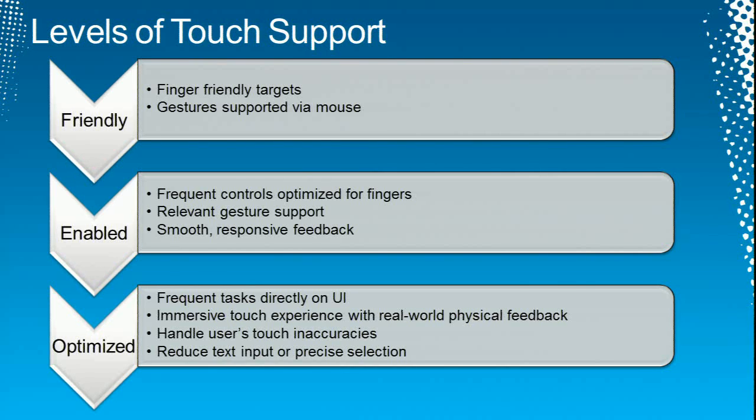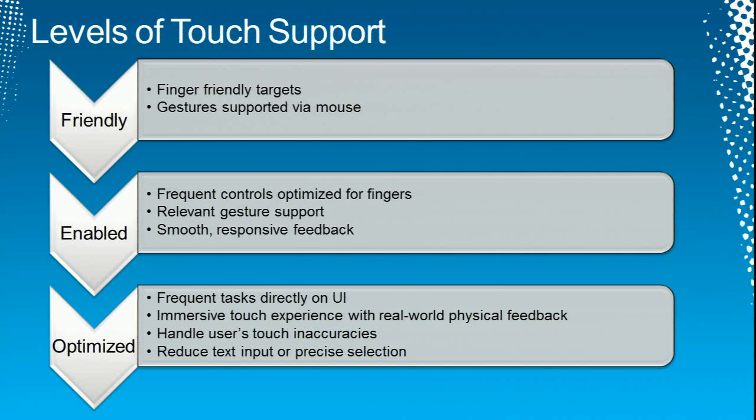So if you do a tap and release, that's a mouse button down and a mouse button up. And if you move your finger around, that's a mouse move. So a lot of applications already can support touch if they're designed in a way that is basically touch friendly.